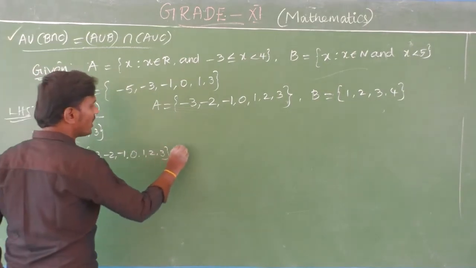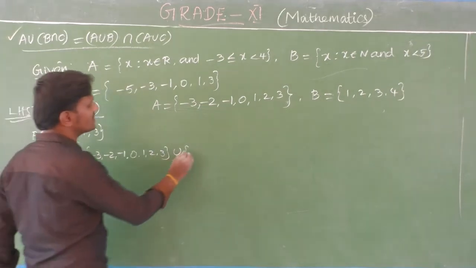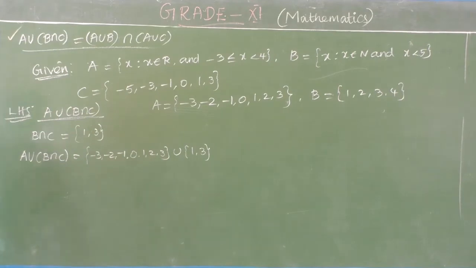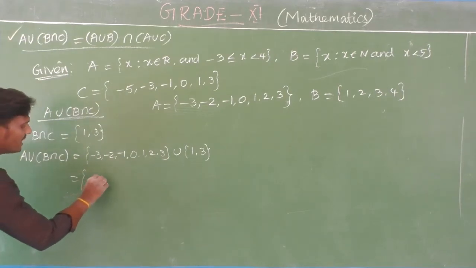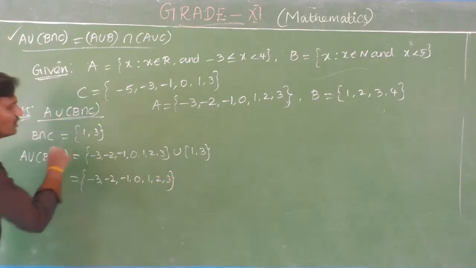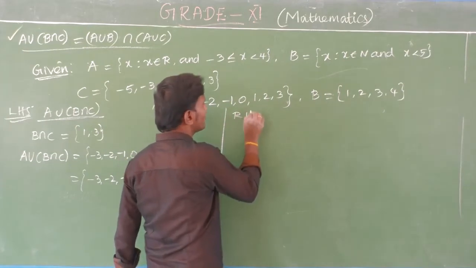I'm going to join with B intersection C, whose elements are 1 and 3. Now I want to join and write: minus 3, minus 2, minus 1, 0, 1, 2, 3. So this is the same as A. Yes or no? Yes. Right. And now coming to the right side.